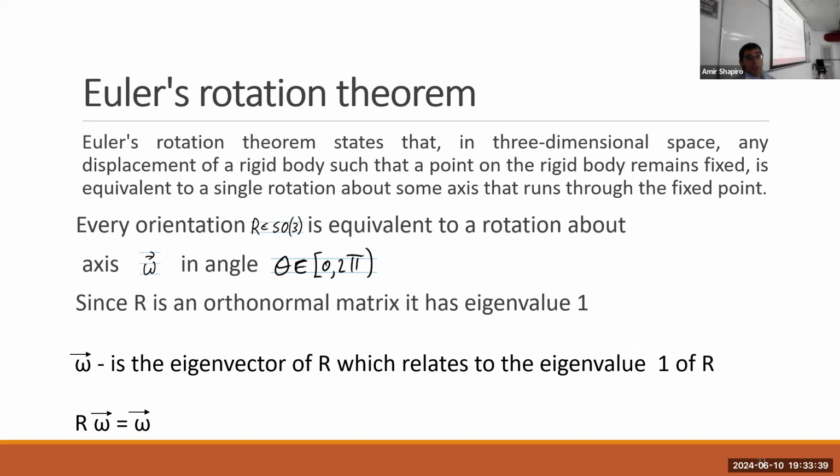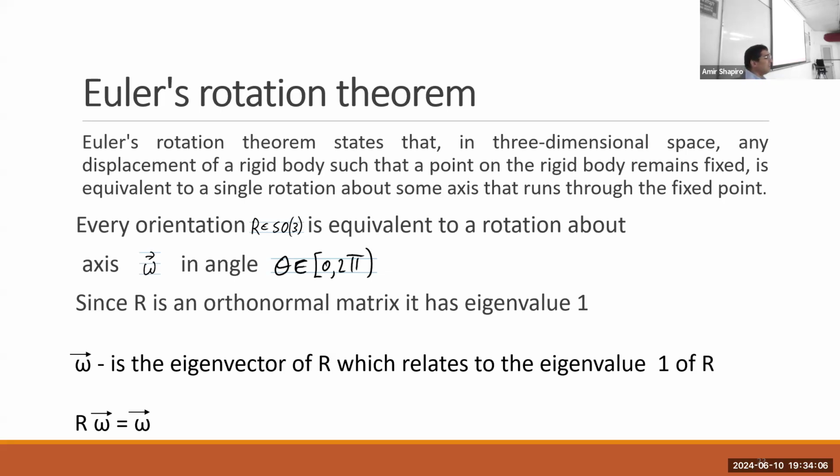Euler's rotation theorem. Euler's rotation theorem states that in three-dimensional space, any displacement of a rigid body such that a point on the rigid body remains fixed is equivalent to a single rotation about some axis that runs through the fixed point.